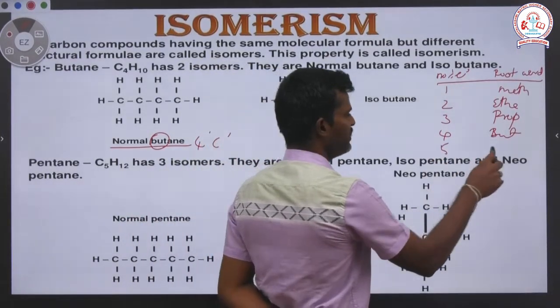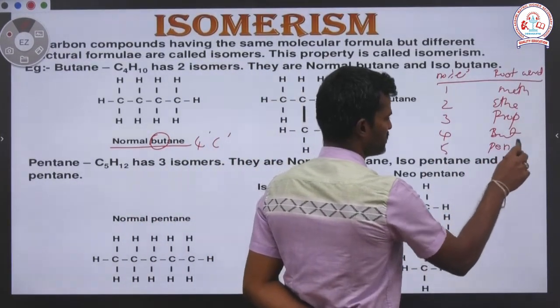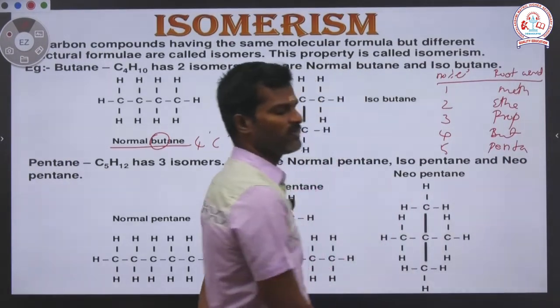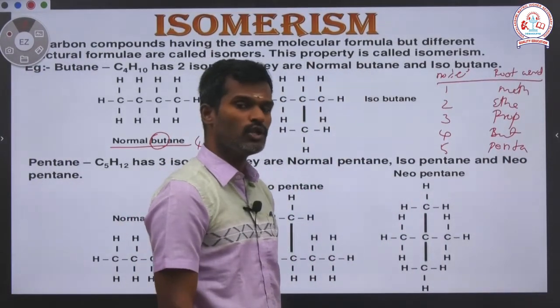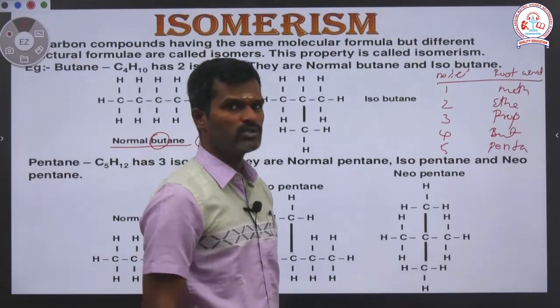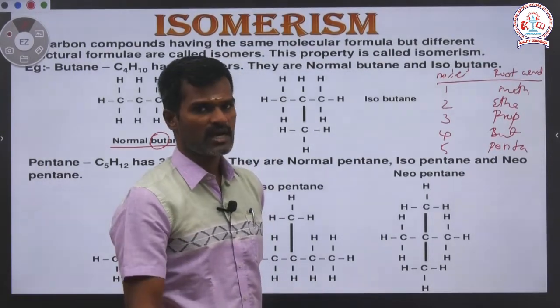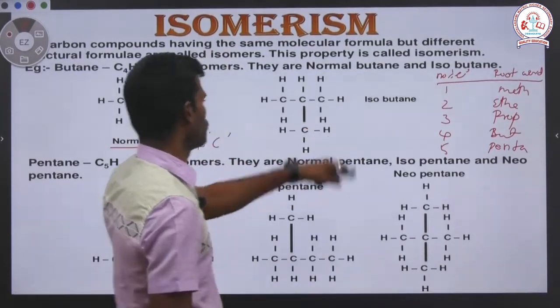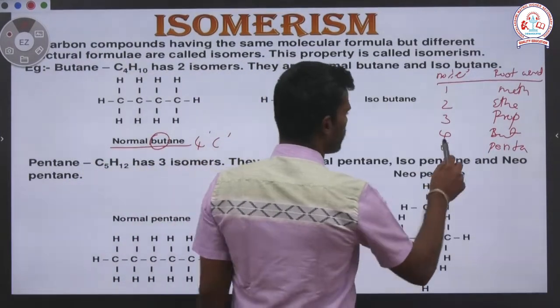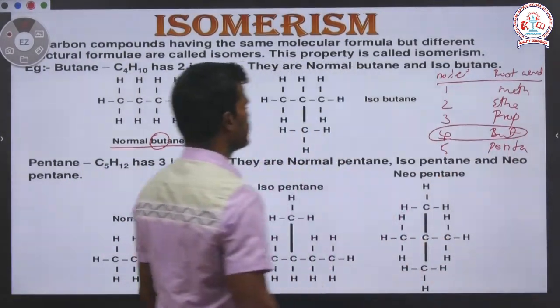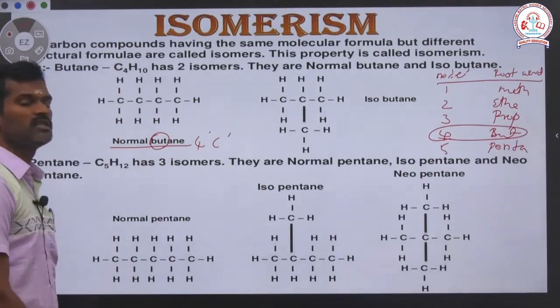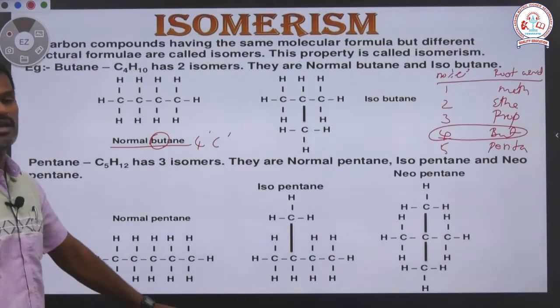And then 5 is known as pent or penta. So the initial nomenclature of organic compounds depends upon the number of carbons. Fine. So when 4 carbon atoms are there, the root word is but, and it is named as a single bond hydrocarbon, butane.